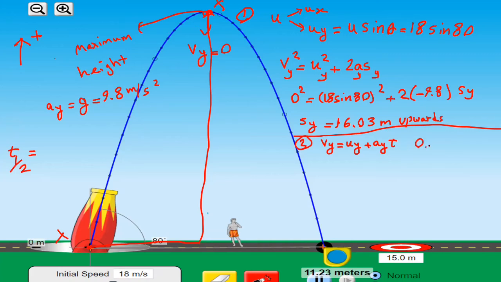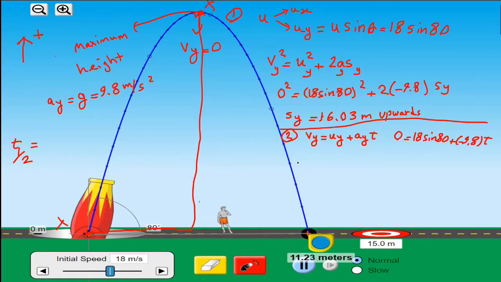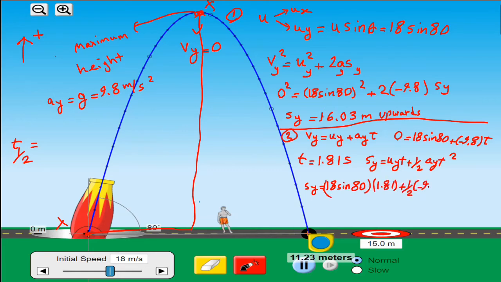And when we have the time, we can use this formula to calculate S. We see that with both methods we get the same answer. But the second method is just a little bit longer.